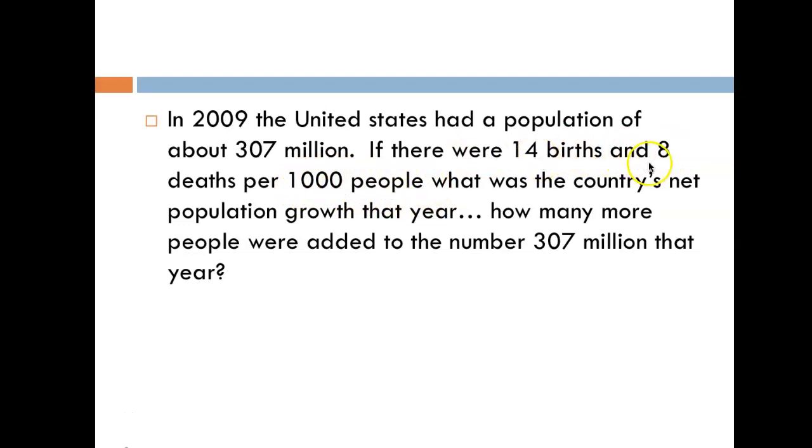It would just be 14 minus 8. All right, so we would do 14 minus 8 and divide that by 1,000, and you would end up with 0.006 as your r. And then you would take 0.006, you would multiply it by 307 million to get 1,842,000 extra people added that year.